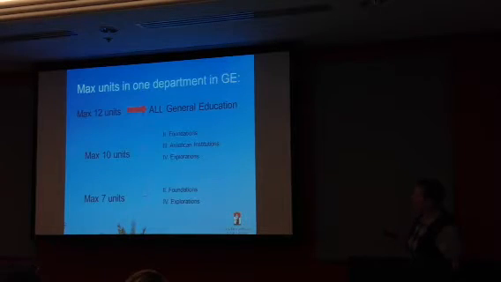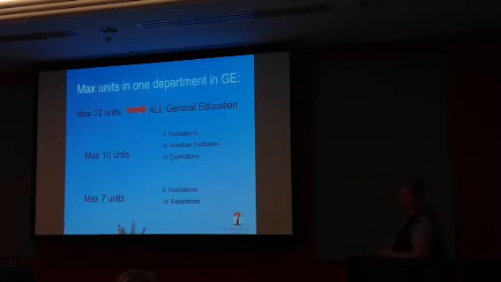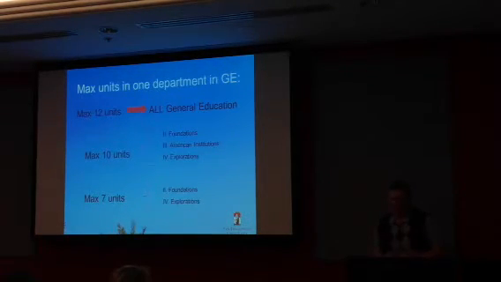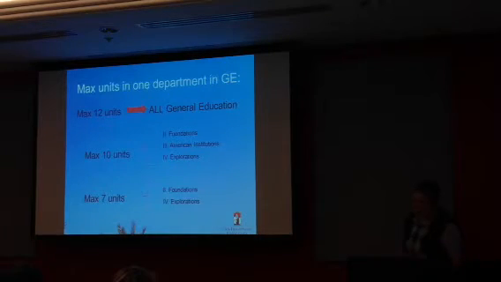So here's a visual that might help you understand it. So we start with a max of 12 units. So only 12 units in one department across all of GE. So using that example of anthropology, think of it that you're only allowed a maximum of 12 units of anthropology across all of GE.